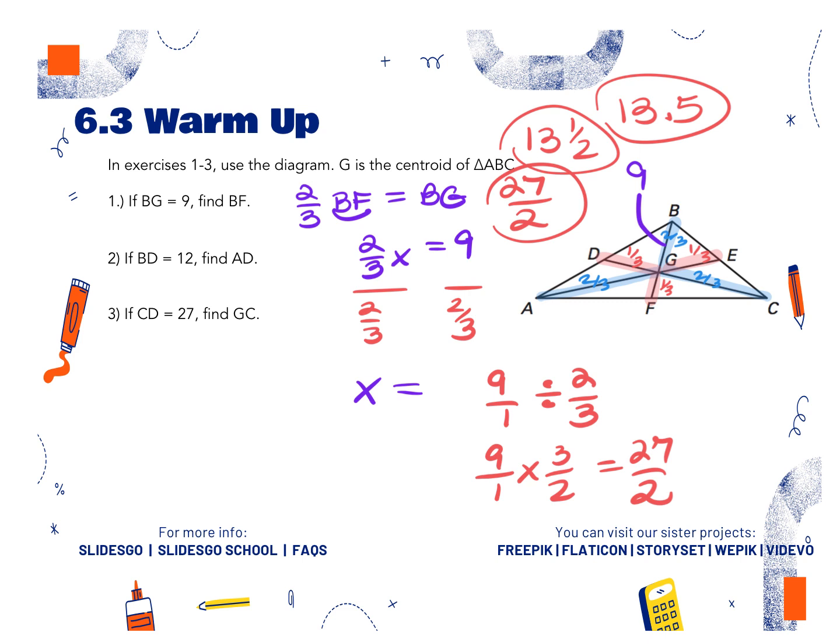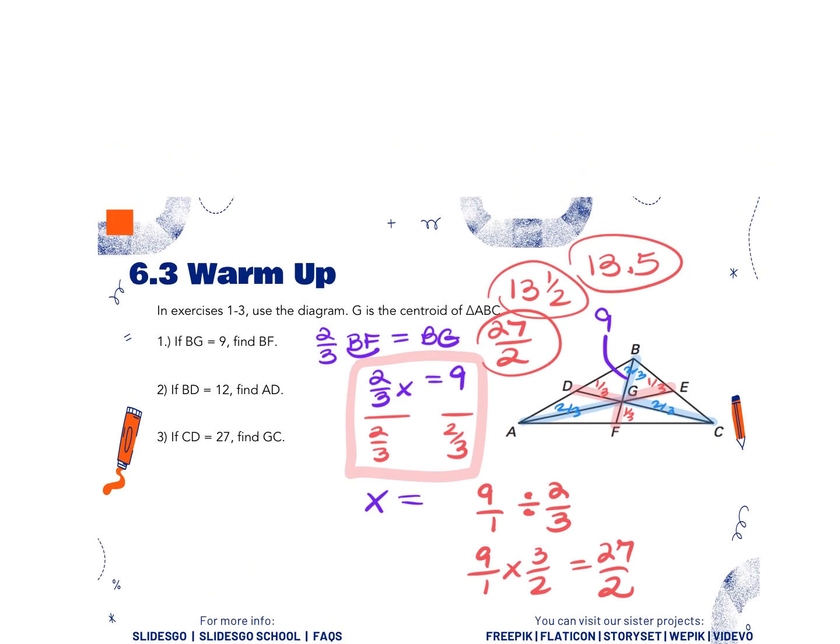Now, if you don't like to show this work of the divide by, what I like to do is, once I set it up, my 2/3 X equals 9, as soon as I see that I'm multiplying a fraction by a variable, I know I'm dividing, so I immediately write the reciprocal of that fraction on both sides.